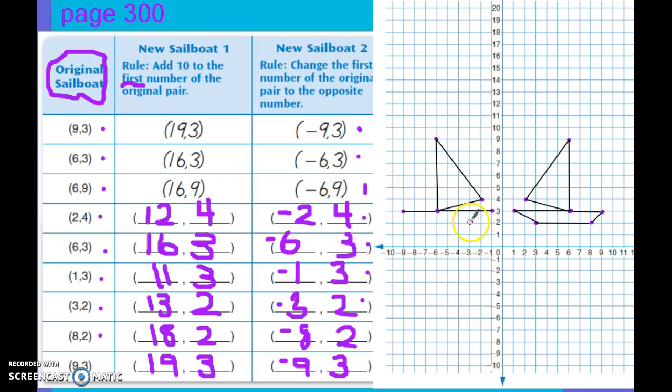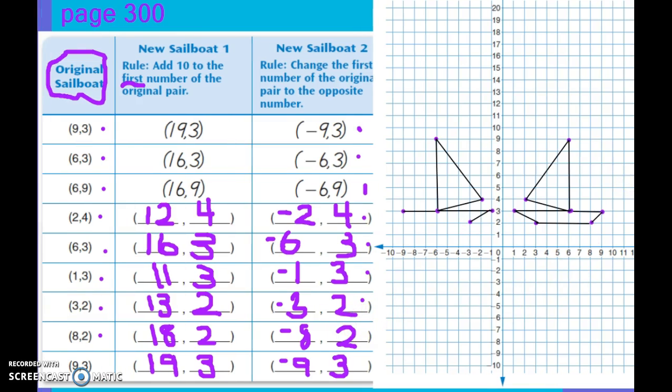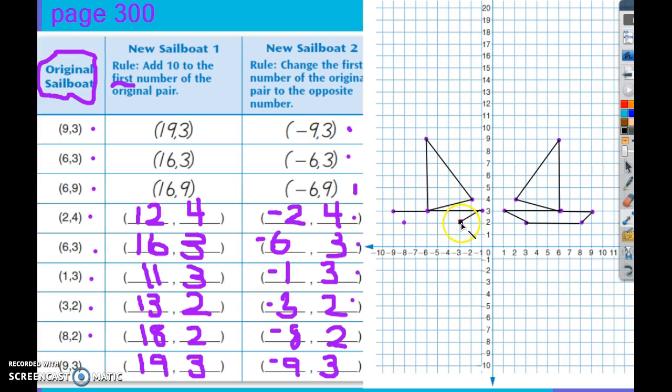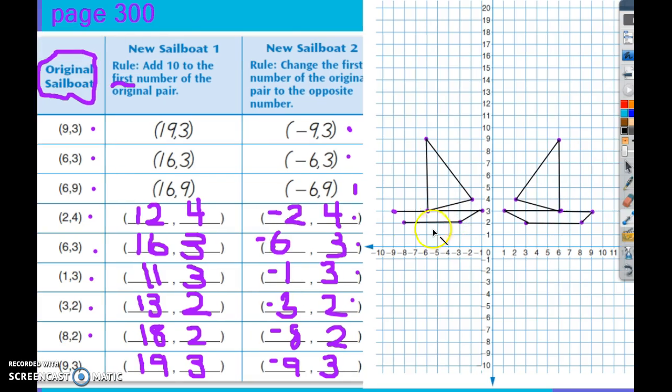Over 3, up 2. My next point is -8, 2. So over 8, up 2. I'll connect my points. And finally, -9, 3. And so I have to come back again to my beginning point and connect.